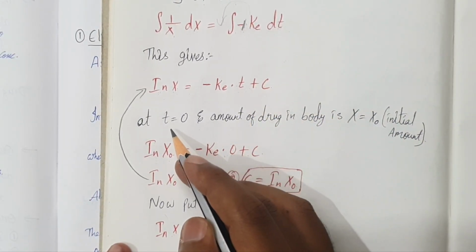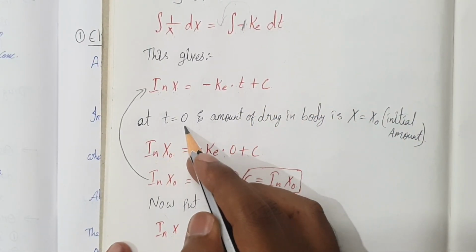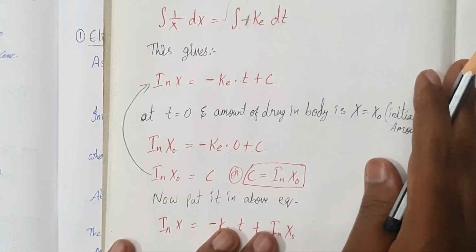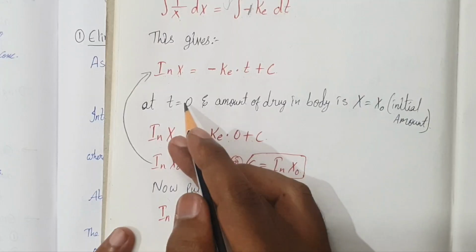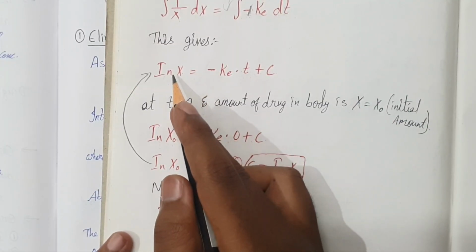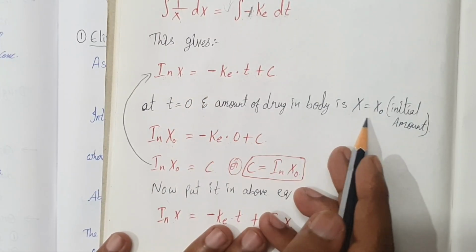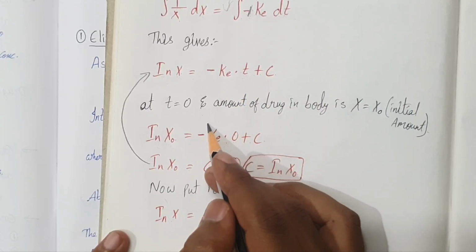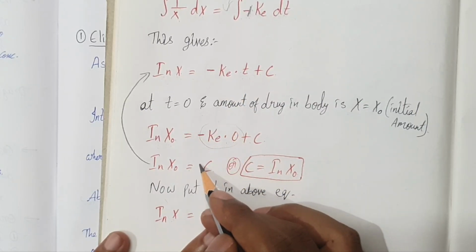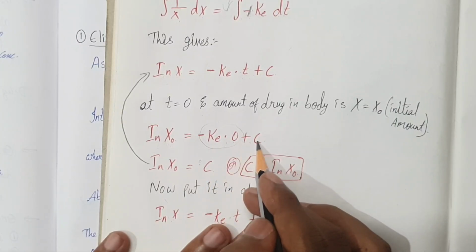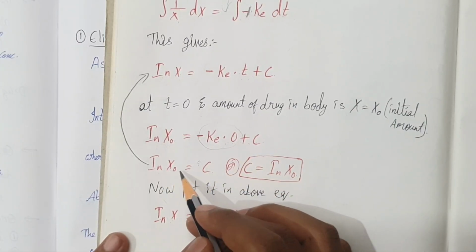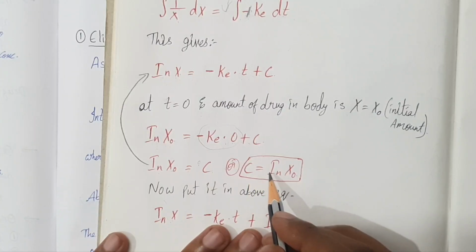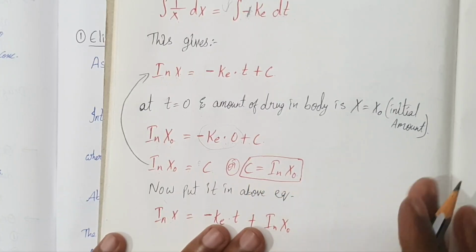Now we are assuming t equals 0 and amount of drug x equals x naught. So replace these variables: x becomes x naught, as I said, then t becomes 0. After simplifying, this whole term becomes 0. Only c remains, so ln x naught equals c. We can write it as c equals ln x naught.